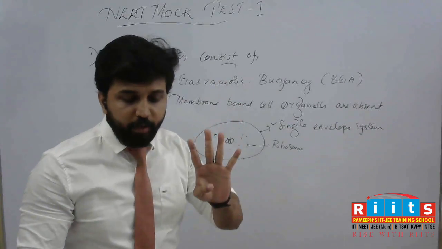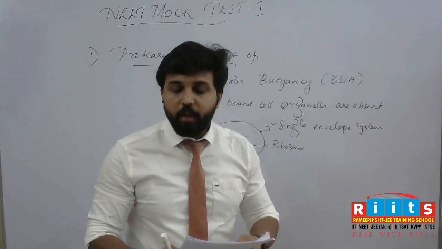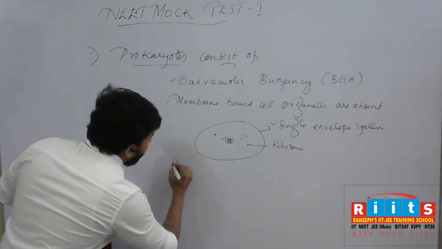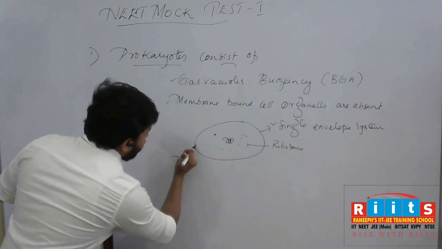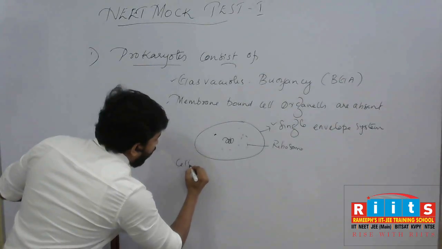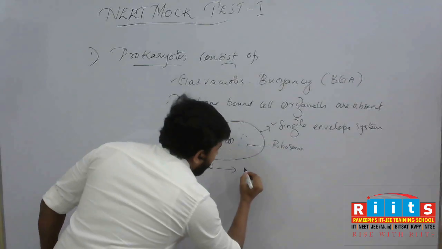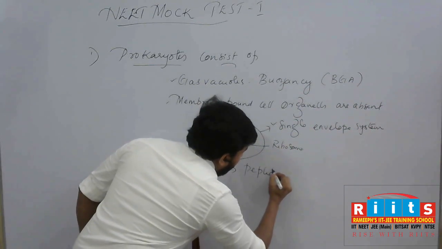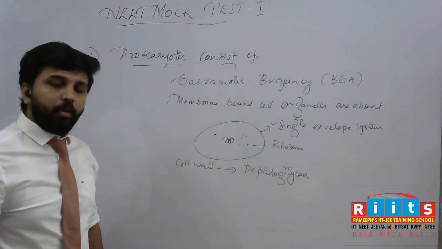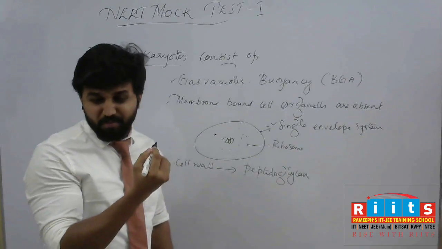Then the non-cellulose cell wall, the fourth one in the box. That is absolutely right, because in prokaryotes, instead of cellulose, the cell wall is purely made up of peptidoglycan. We already know that the cell wall is made up of peptidoglycan and there is no cellulose.